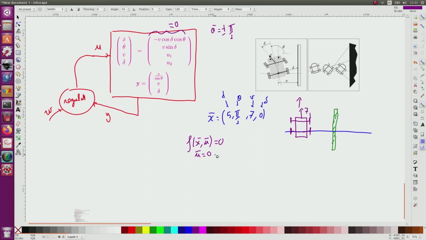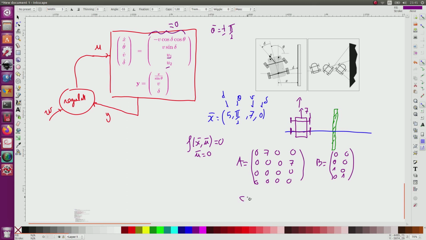So if I linearize, I will obtain the matrices A, B, and C. The matrix A, I will give now. I will not compute all these coefficients. It will be like this, 0, 0, 0, 7. For B, I get 0, 0, 0, 0, and the 1 due to this and this, 1, 1, 0, 0.